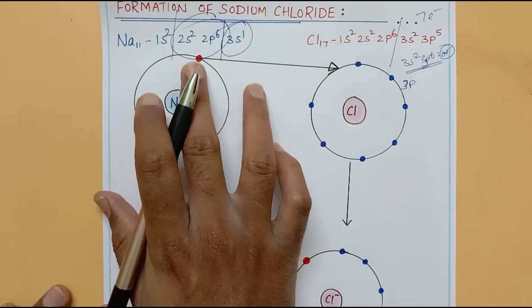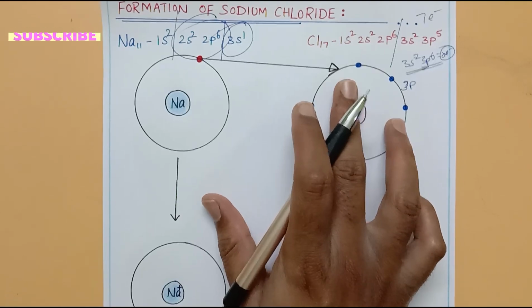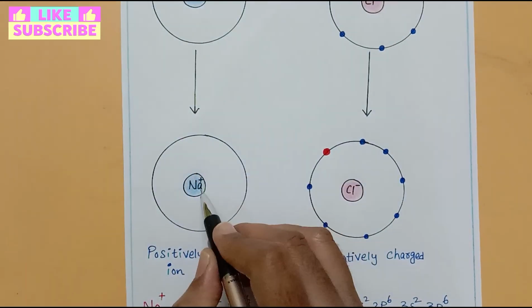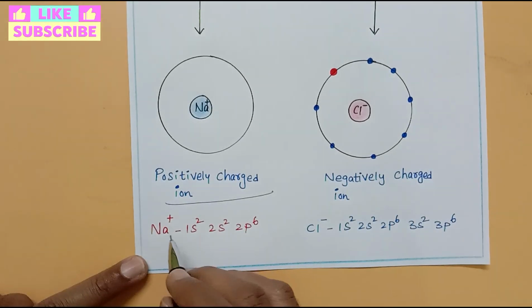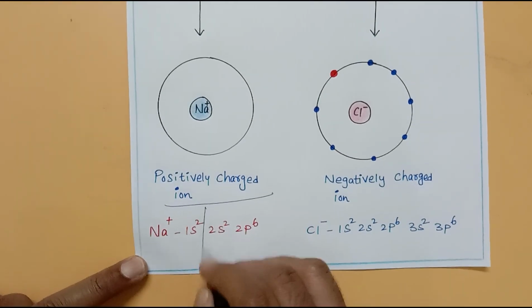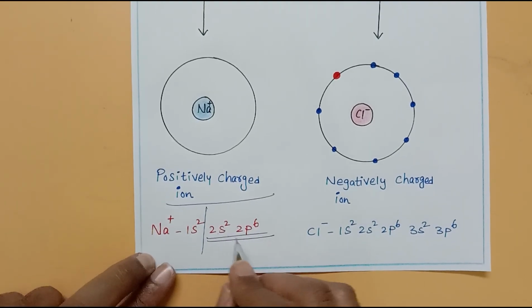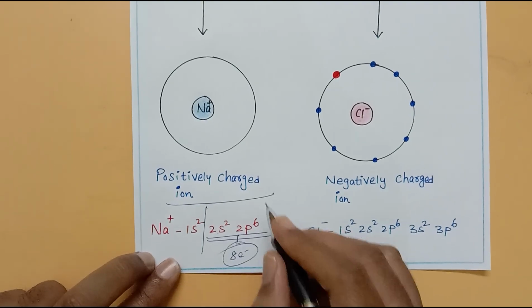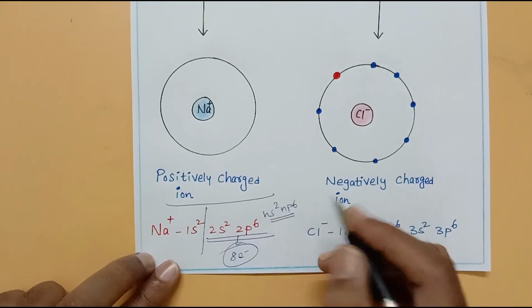Sodium transfers the electron to the valence shell of chlorine, so Na is converted to Na plus, a positively charged ion with electron configuration 1s2, 2s2, 2p6. Now 2s2, 2p6 is the valence shell, so you can observe 8 electrons, the noble gas configuration ns2 np6.